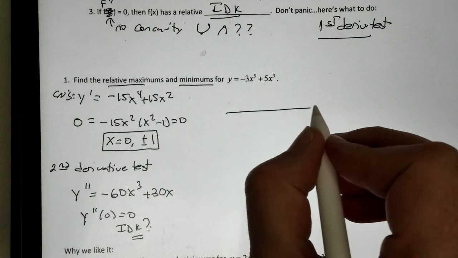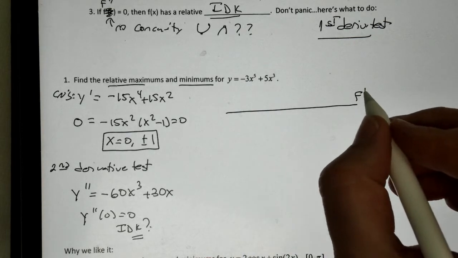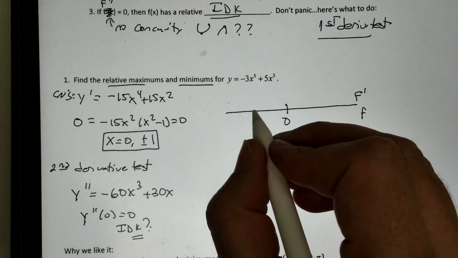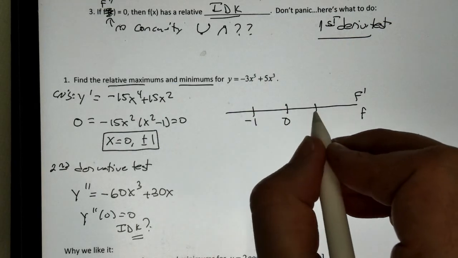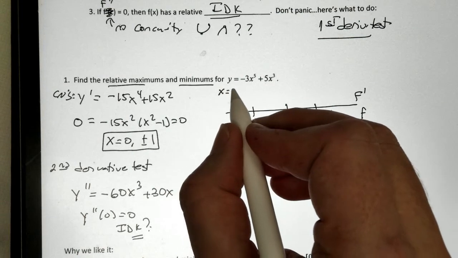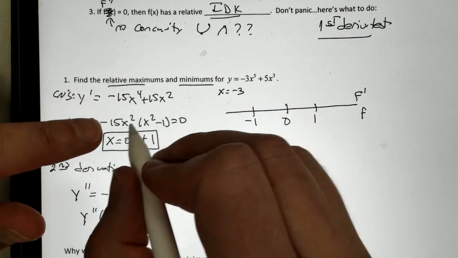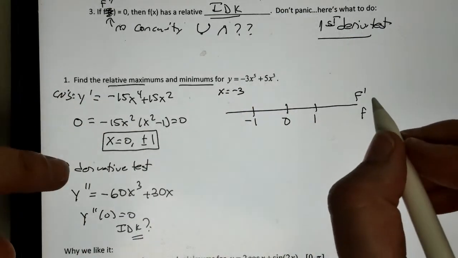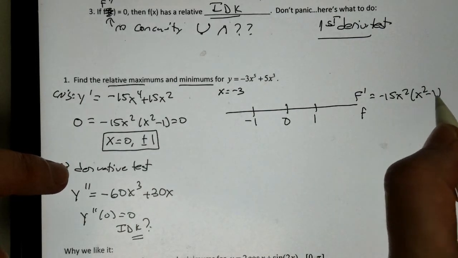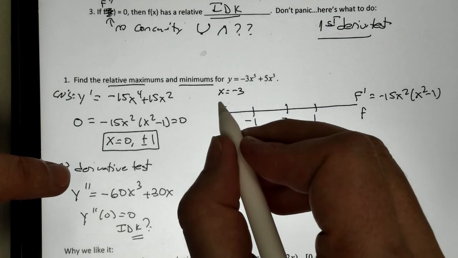We're just going to set up our first derivative test, which we've done 100 times. We have 0, negative 1, and 1. I'll plug in something like negative 3. If I plug in negative 3 into my derivative, remember this is negative 15x squared times x squared minus 1. This first one's going to be negative.